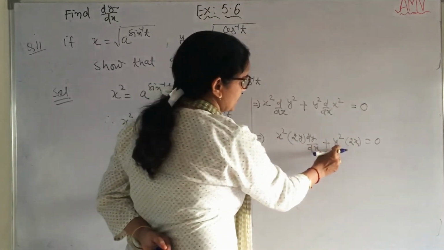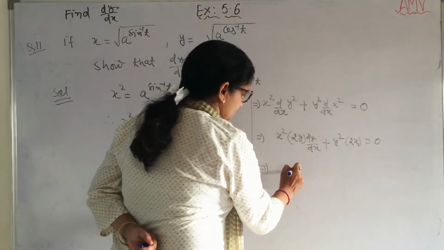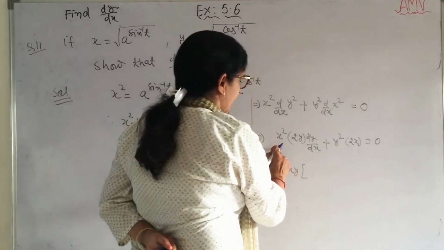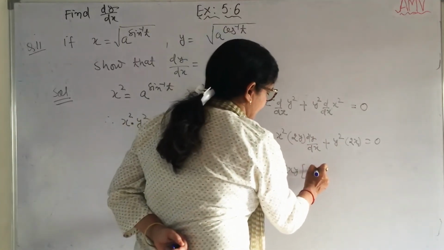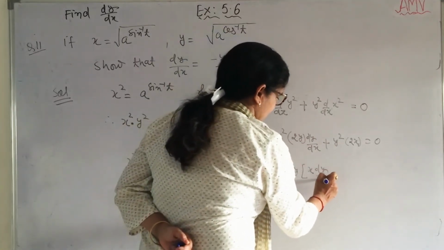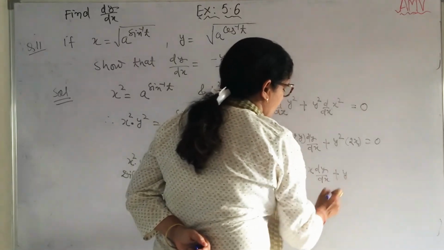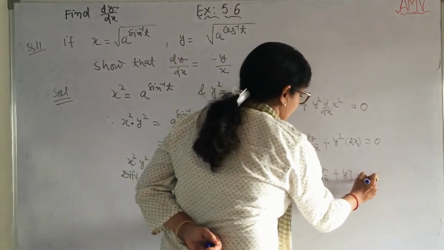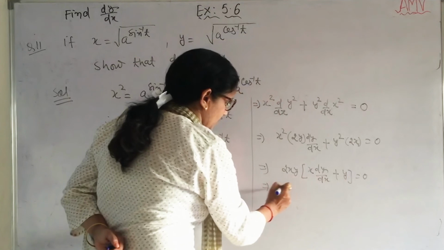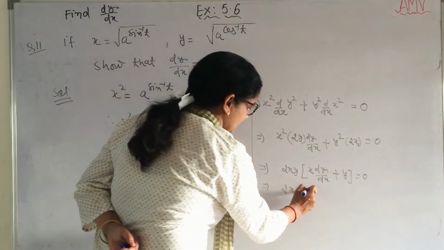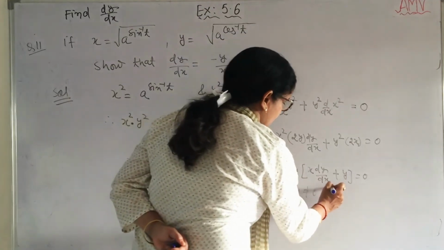Now 2xy is common, and here it is x dy by dx plus y is equal to 0. You have to write that 2xy is not equal to 0.